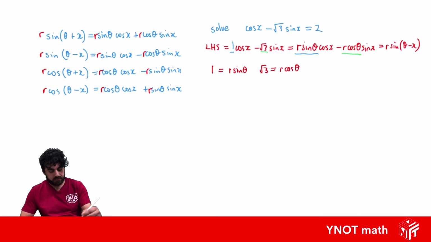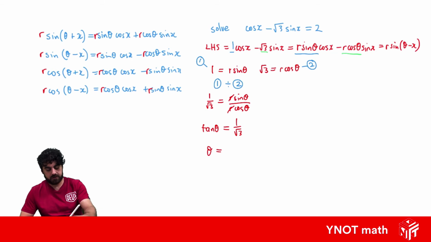So we call this one equation 1, and this one equation 2, and we just need to solve simultaneously. So we're going to do 1 divided by 2. We get 1 over root 3 equaling r sine theta over r cos theta. The r's will cancel out, and sine theta over cos theta is tan theta, so tan theta equals 1 over root 3.